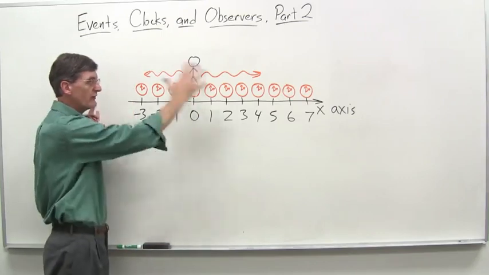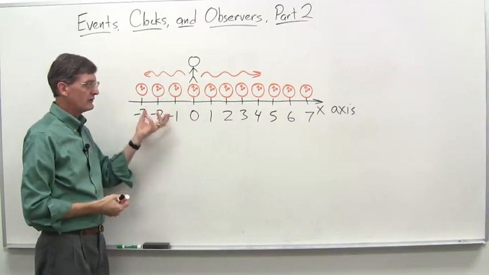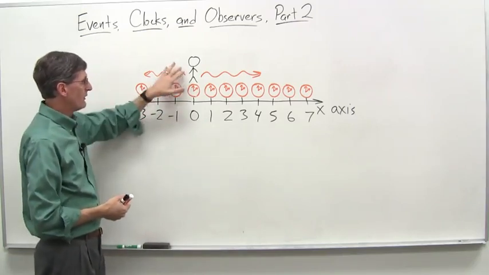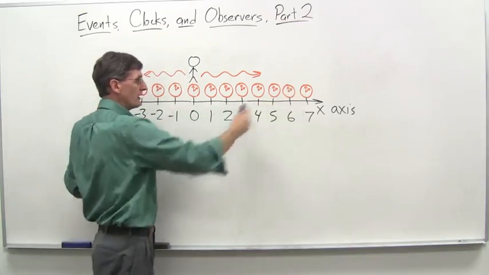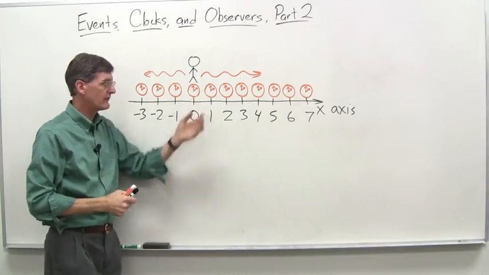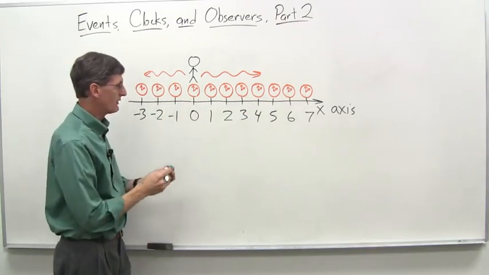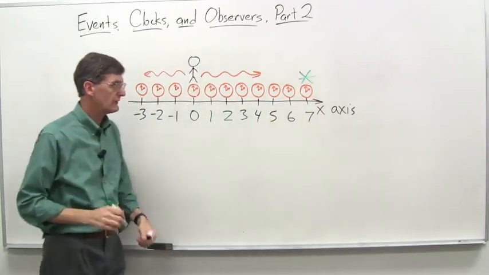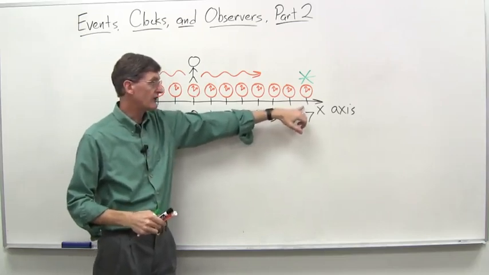Obviously, we're just doing all this as thought experiments, but that's a method we can use to make sure all our clocks are synchronized, so that the observer here, once they have their lattice of clocks, can be assured that any event that occurs, we'll use green this time, say some event occurs right here, flash of green light, and so we know the position along the x-axis is at x equals 7.